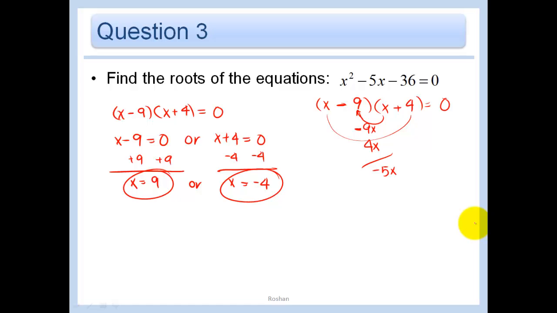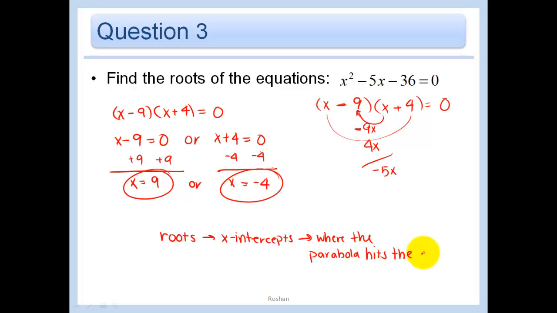In other words, the x-intercepts, in other words, where the parabola hits the x-axis.